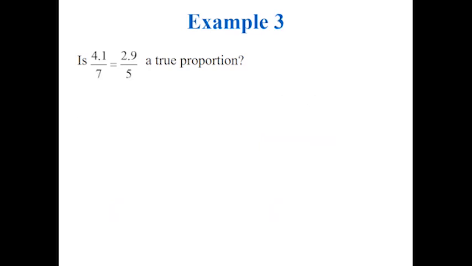What about here in example 3? 4.1 over 7, 2.9 over 5. Those aren't fractions that we can easily or clearly reduce. So cross products is always the way to go because it'll get you your answer every time.